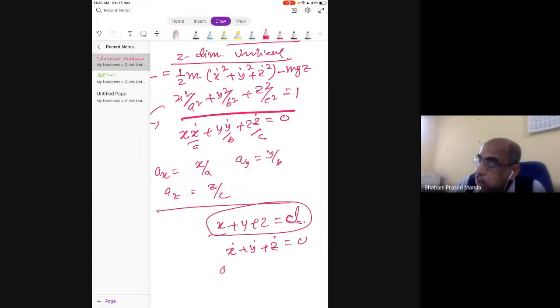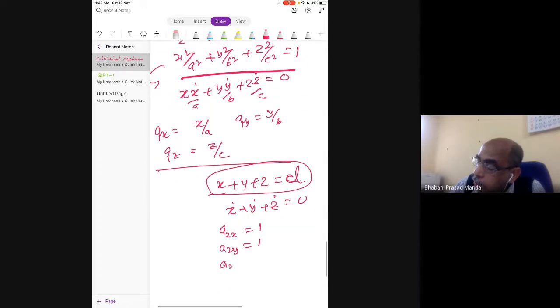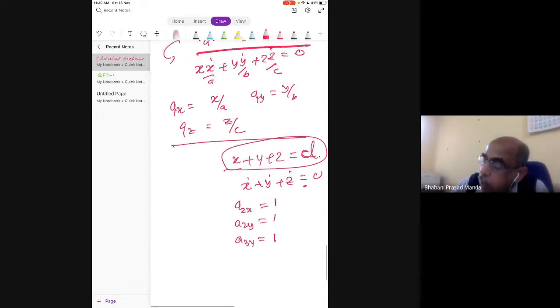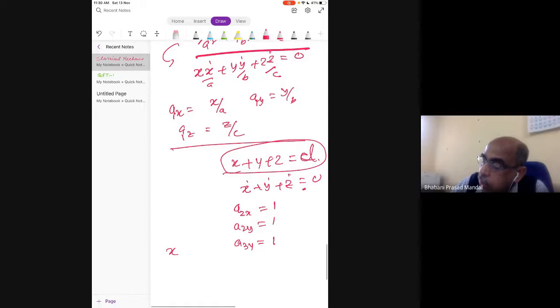So in this case, you have a1x, a1y, a1z as before, and now a2x will be 1, a2y will be 1, and a2z will also be 1 from this equation. Now I can write my x equation.